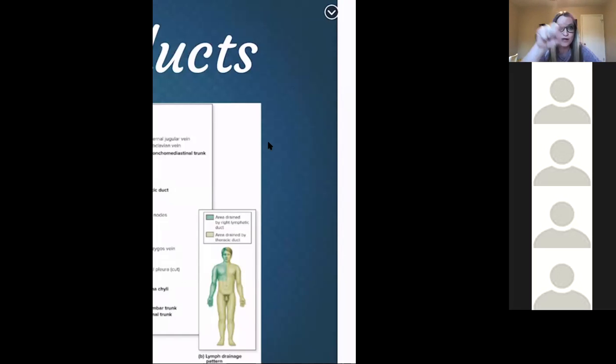If you notice where the thoracic and the right lymphatic duct end, they're going to connect to the junction of the subclavian vein and the jugular vein. So where the subclavian and jugular meet, the duct is going to connect there as well. And so all this lymph, as it flows through the lymphatic system, is going to then enter the blood again.